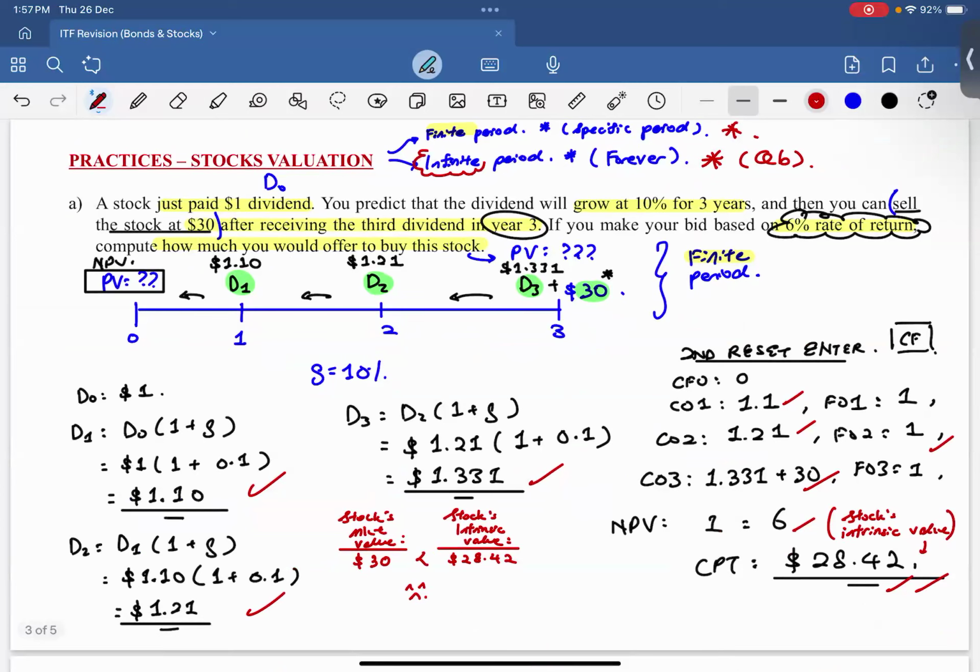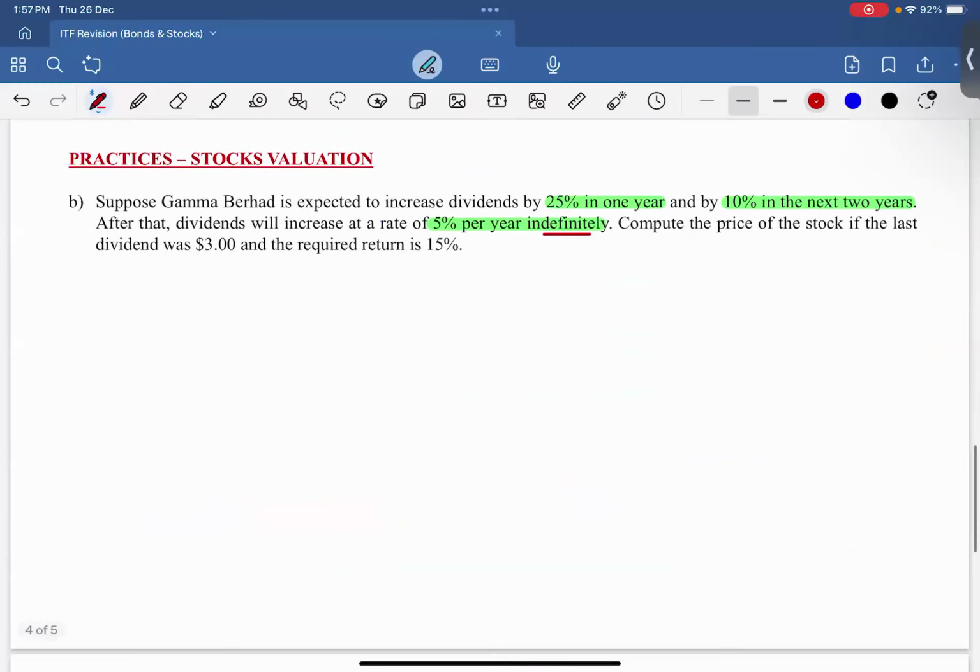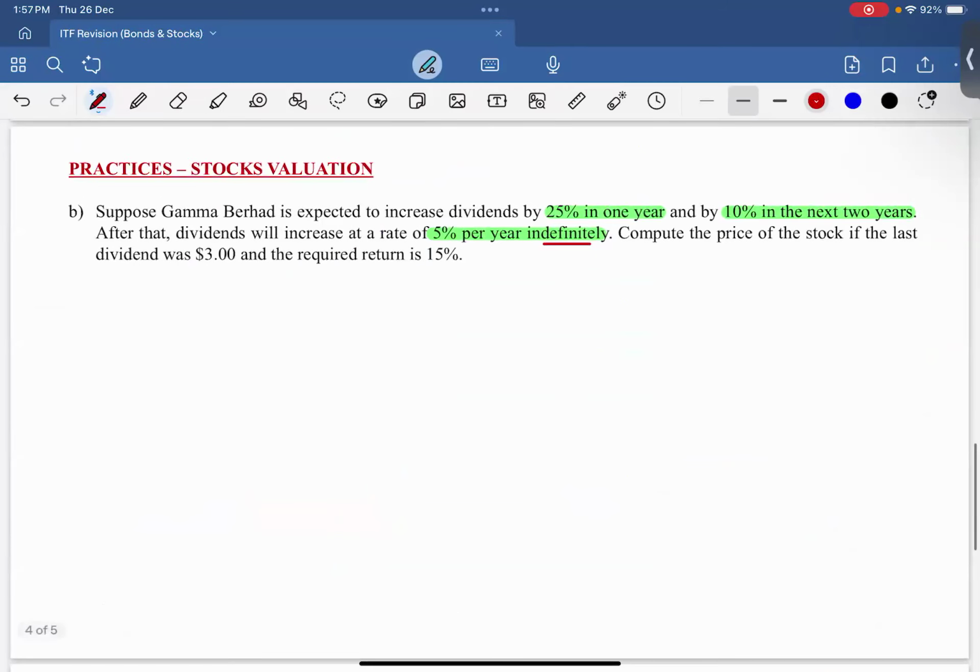You will hold the stock for a long period of time. Compute the price of the stock, if the last dividend was $3 and the required return is 15%.